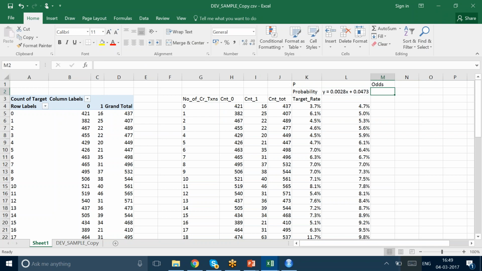What is odds? Let us understand what is odds. Probability of an event occurring divided by probability of event not occurring. That is called odds.